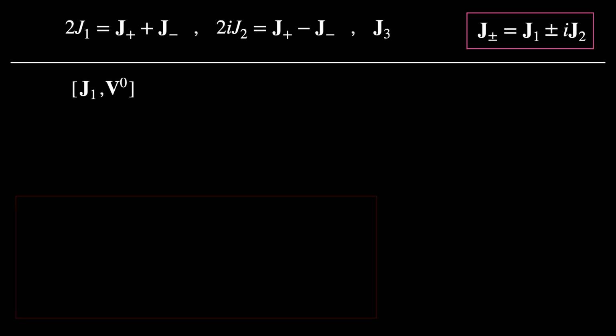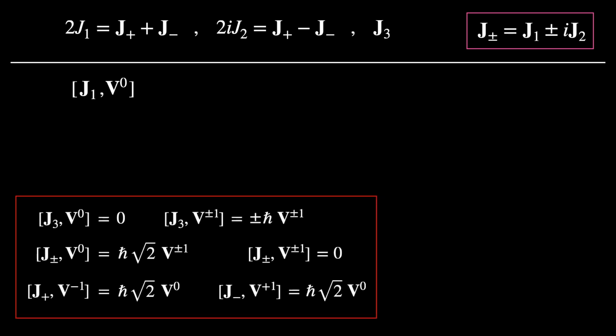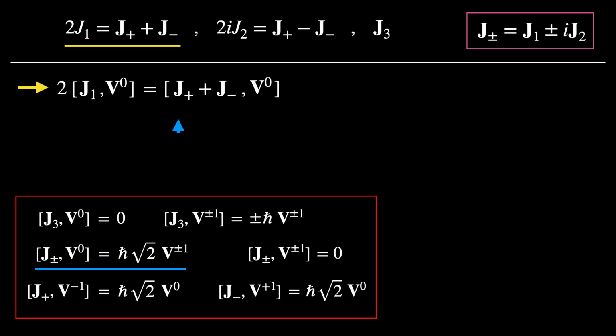Now we use the spherical commutation relations from earlier to evaluate this commutator. From the expression for J1 above, it will be convenient to multiply this by 2 if we wish to express J1 in terms of J±. This relation in the red box will allow us to evaluate both of these terms.